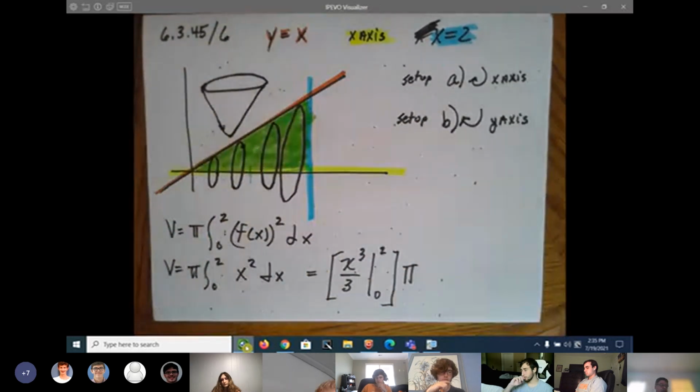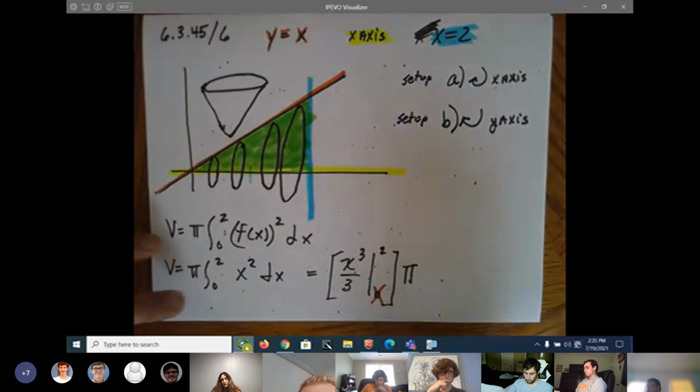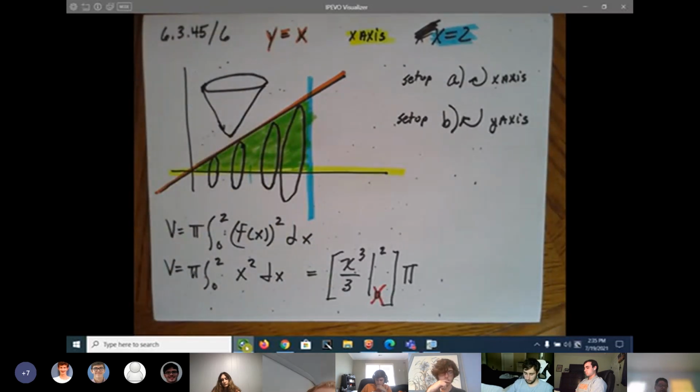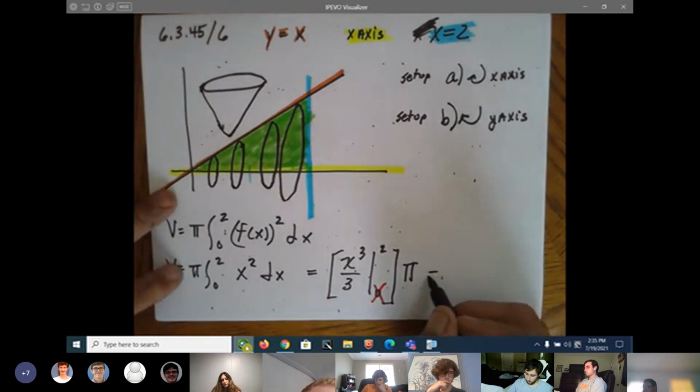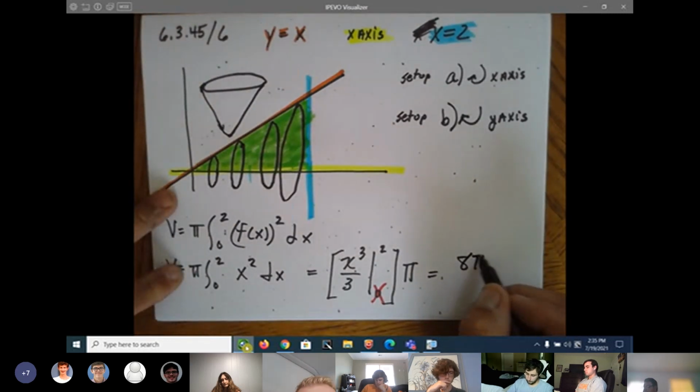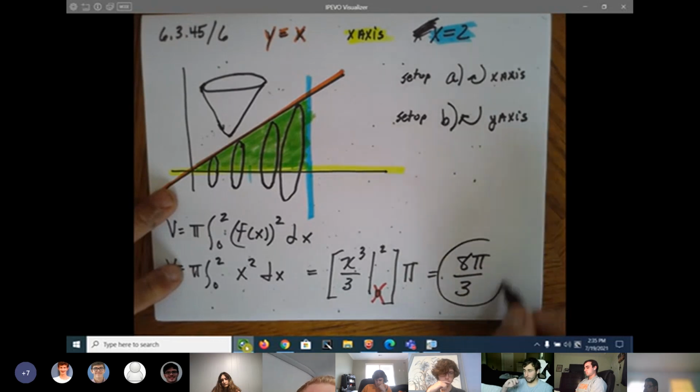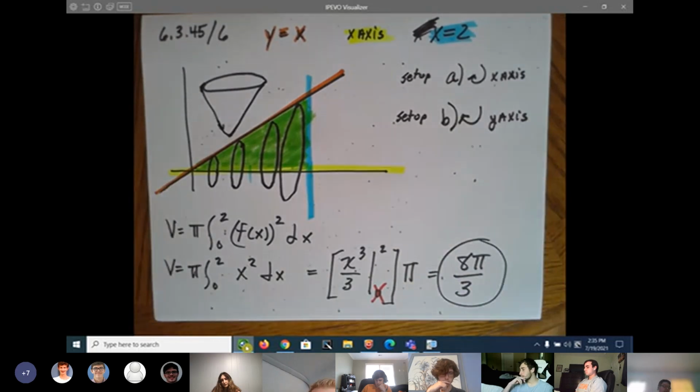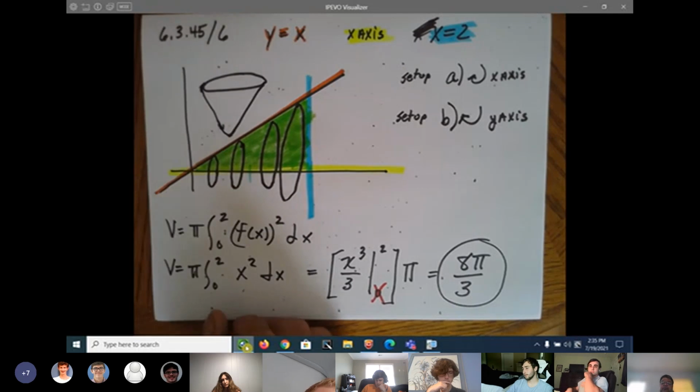And of course, 0 goes out. So that's going to leave 2 to the third, which is 8/3. And that's going to be 8 pi over 3. So that's the volume with it going around the x-axis.